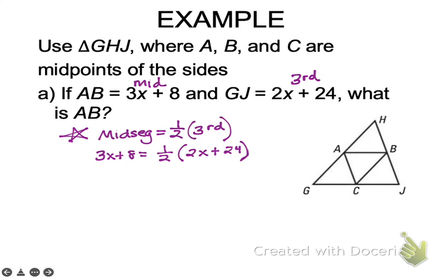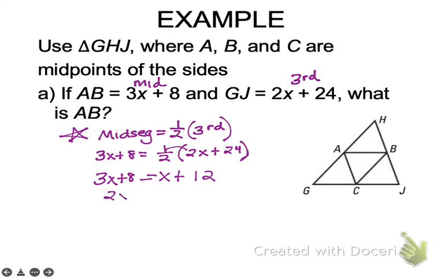When would it not be so nice? When they're odd, and then you're going to take half of odd numbers and get fractions. What's one way I could get rid of this fraction instead of distributing it? Couldn't I multiply by the reciprocal? Yeah, and then do that. But let's distribute it here because we can. So half of 2x gets me 1x. Half of 24 gets us 12 is equal to 3x plus 8.